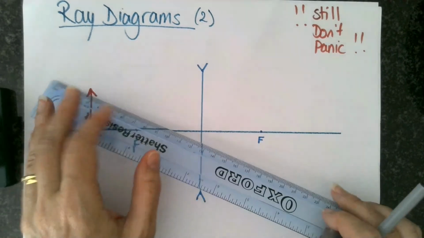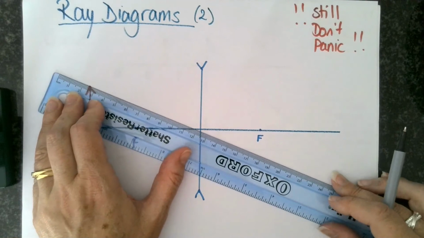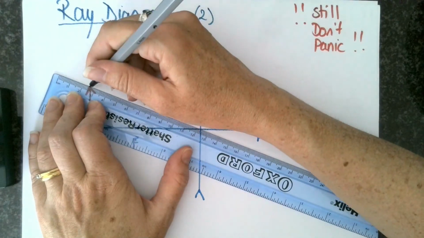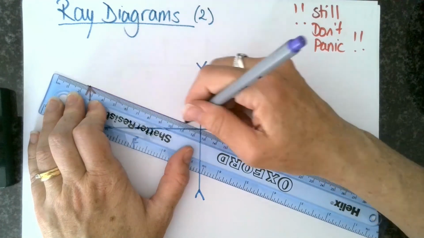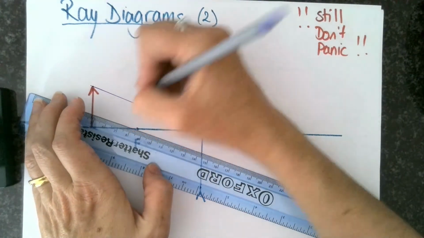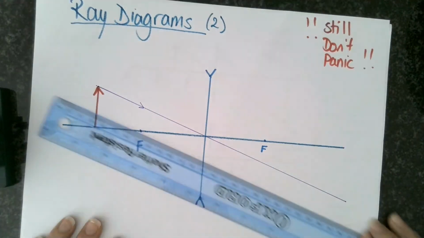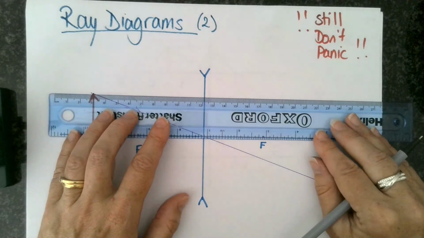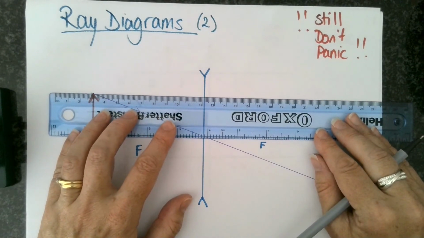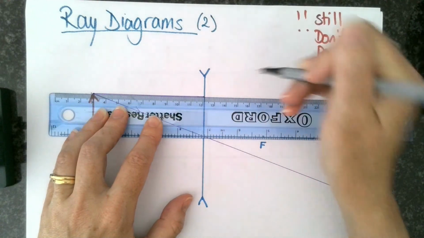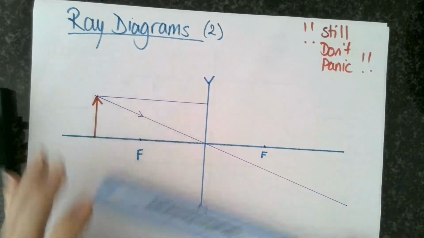And we know that a ray that comes from that point on our object will go straight through the centre of our lens, undeflected, and we've got one ray already. So often in a lot of questions, that gives you a mark. Our second ray goes parallel to our principal axis, and this is the bit where it's slightly different.